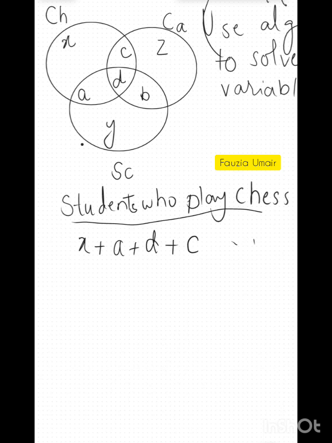I will write that number again. We will solve this equation for that value, but let's start with the simpler equations first so that we know more of the variables.